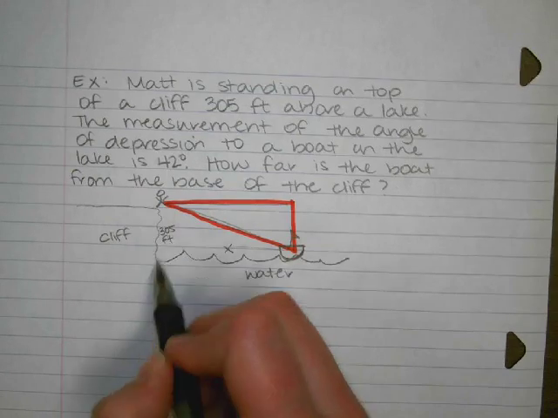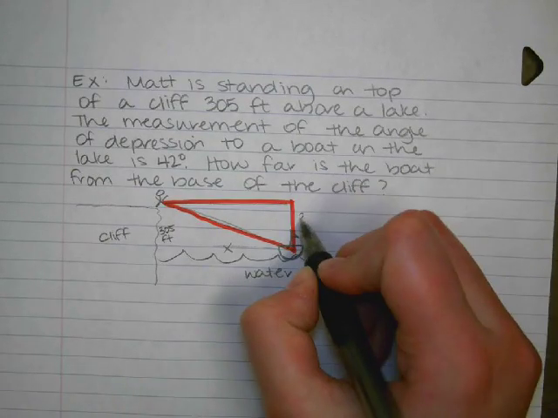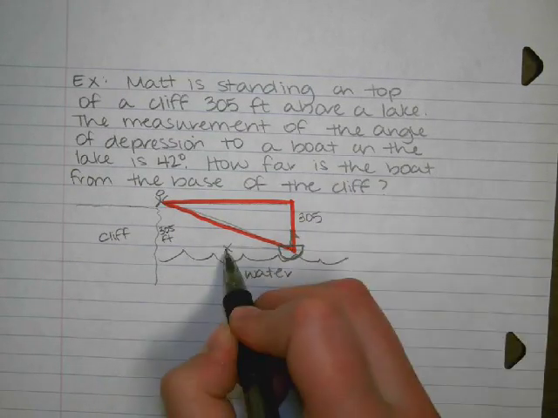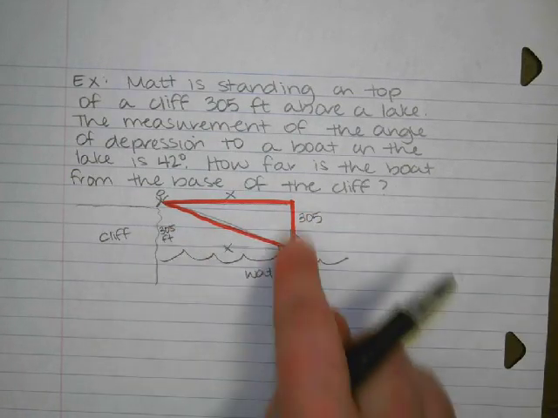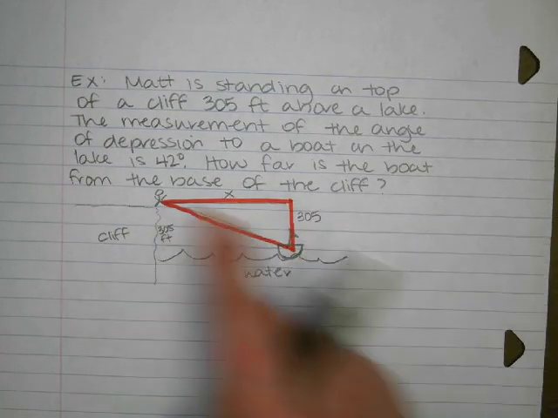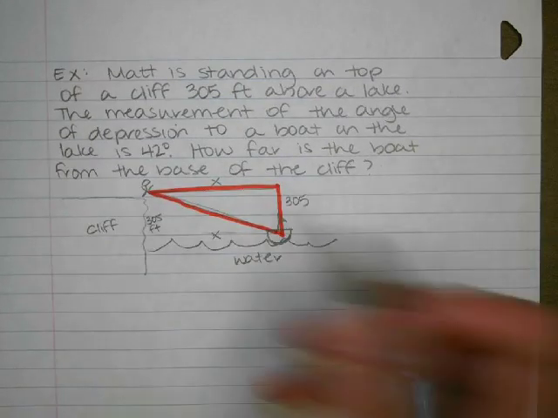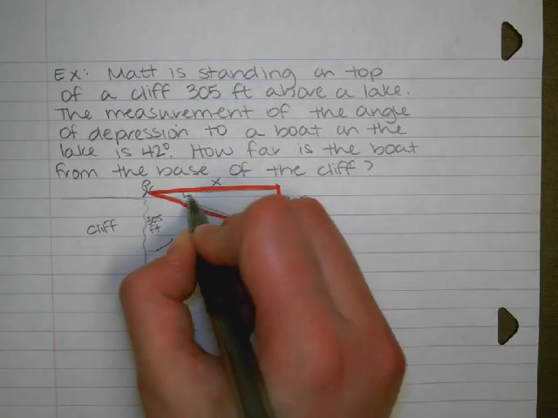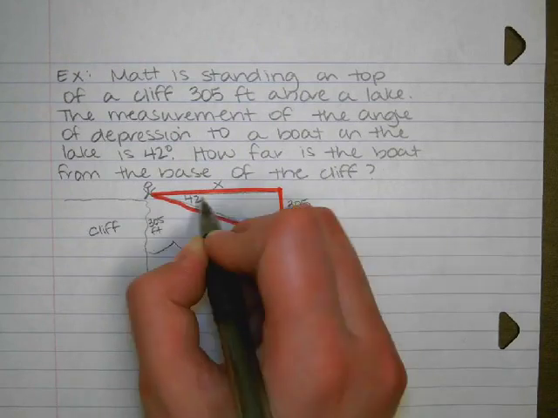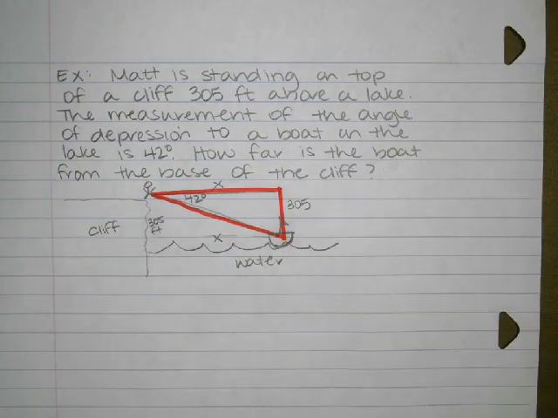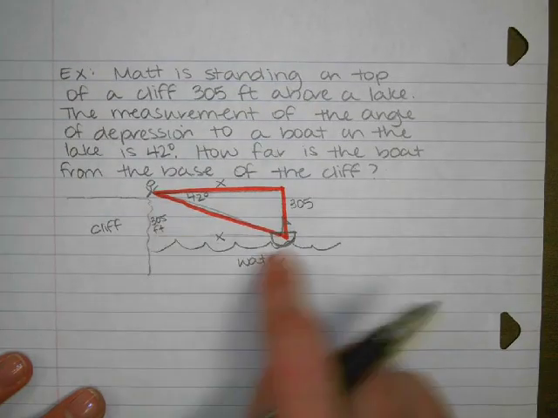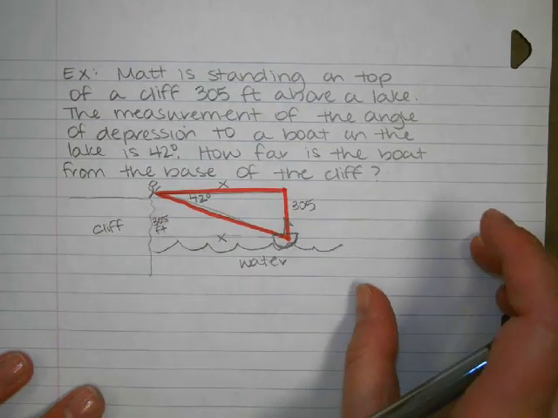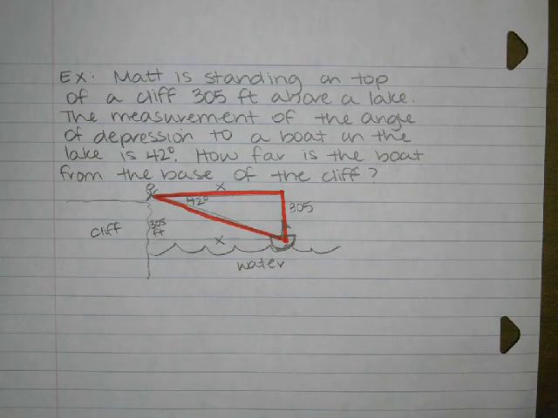So this 305 right here is actually this side of the triangle. And then X, what we're trying to find, is actually this. So it's kind of like you can see like this big rectangle right here, and I'm just working with this triangle. Angle of depression right here, straight out and down, 42 degrees. So the reason the angle of depression feels kind of weird is because it's like not the triangle you would expect it to be. So you just need to be careful when we work on those problems.